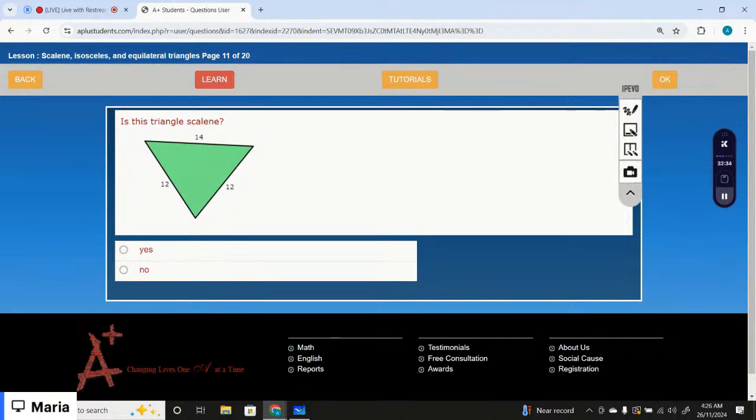Is this triangle scalene? No, that is not a scalene triangle.